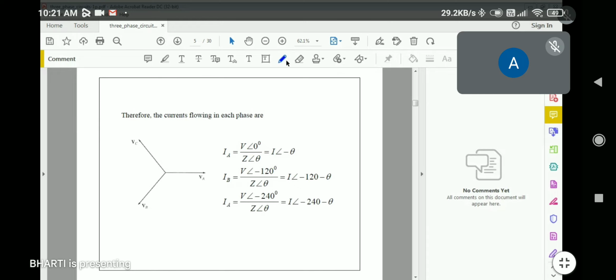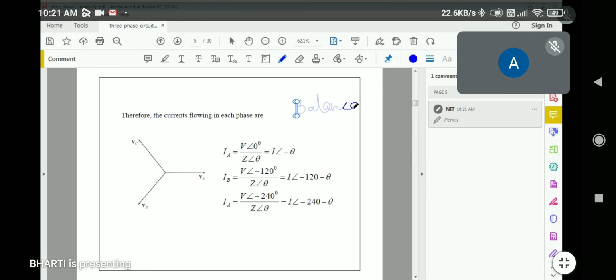So in that case we can say it is a balanced system. Okay. And in that case IA, IB and IC will be the current flowing through all the three phases. Okay. So that will be V upon Z, V upon Z, of course, but only difference will be again in angles. Amplitude of current will be same. Is it clear to everybody?